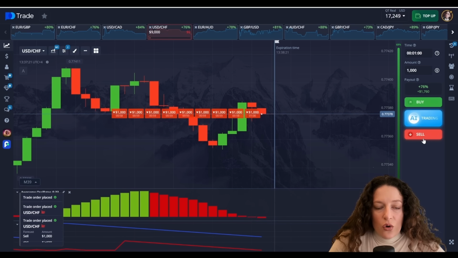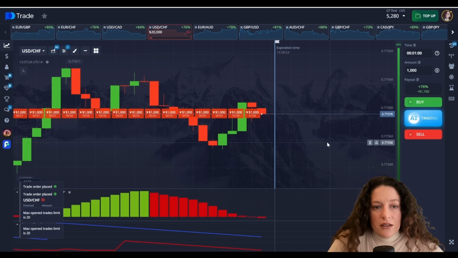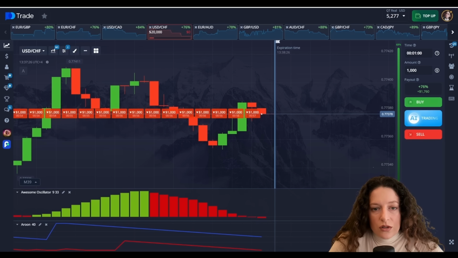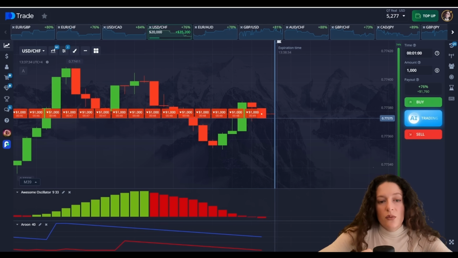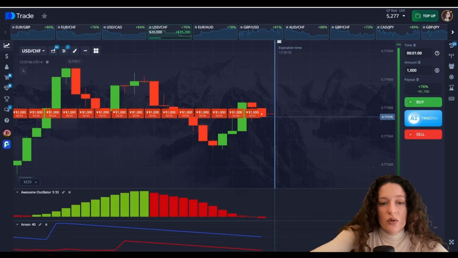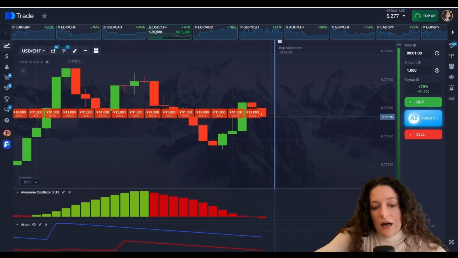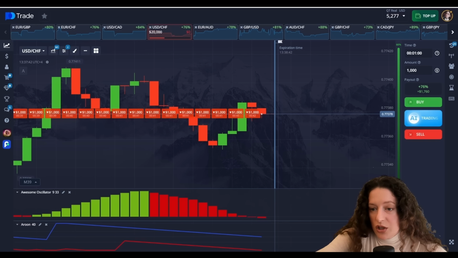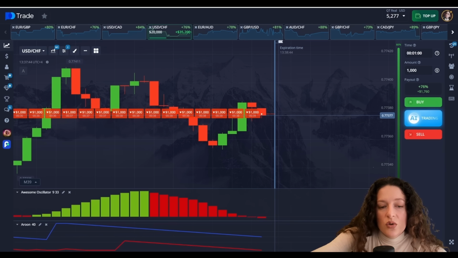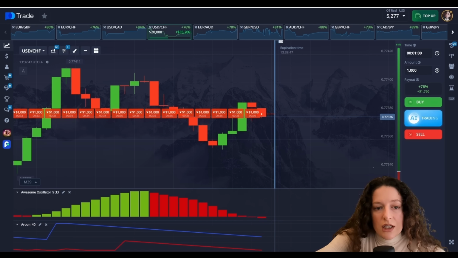This time I open a position in the downward direction, of course, with a 1 minute time interval. When I open a position with a 1 minute time interval, I take into account the fact that the newer the Awesome Oscillator signal is, the stronger it is in the specific direction in which it gives me a signal.